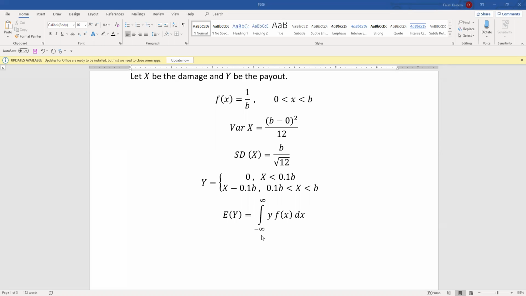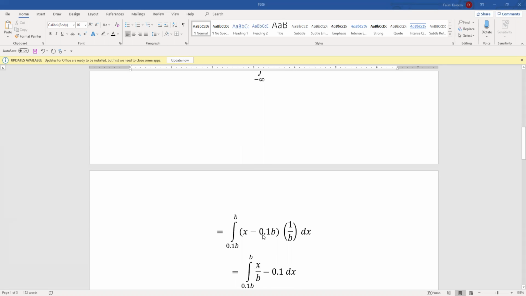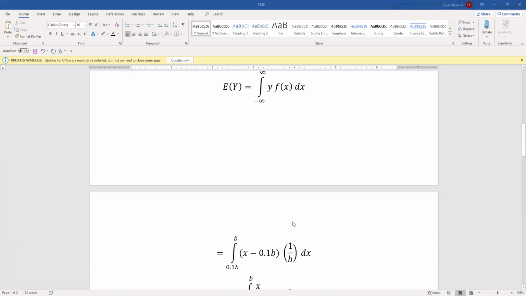So E of Y is the integral of Y against the PDF of X. And the reason why we have PDF of X is that we're going to change the Y in terms of X because of this. So we have non-zero situation when X is between 0.1B and B. And in that case, Y is X minus 0.1B, X between 0.1B and B, and the PDF was 1 over B as we wrote earlier.